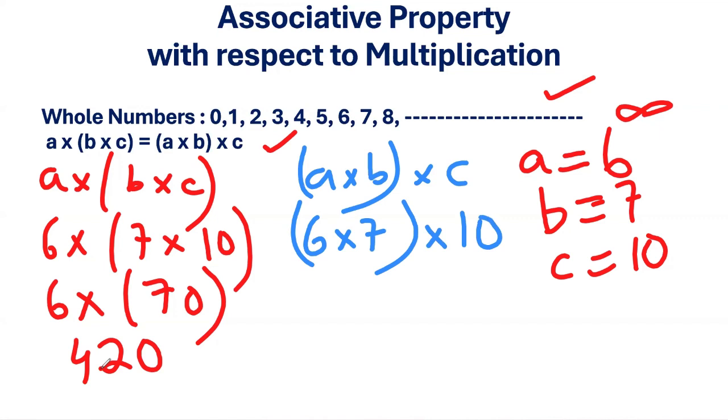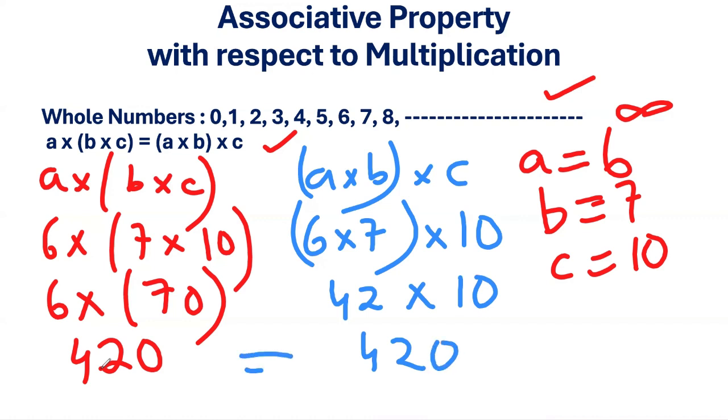You have to solve the bracket first. 6 sevens are 42. 42 multiplied by 10 will give you 420. They both are equal. The left-hand side and the right-hand side are equal, so this property is true. Associative property with respect to multiplication is true.